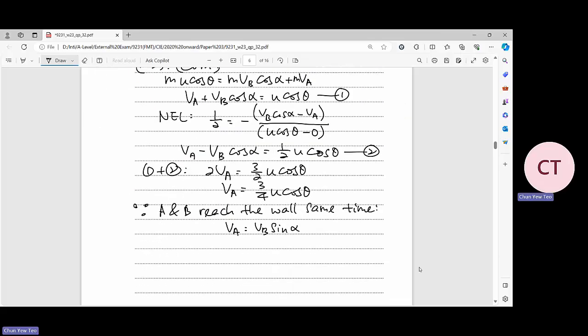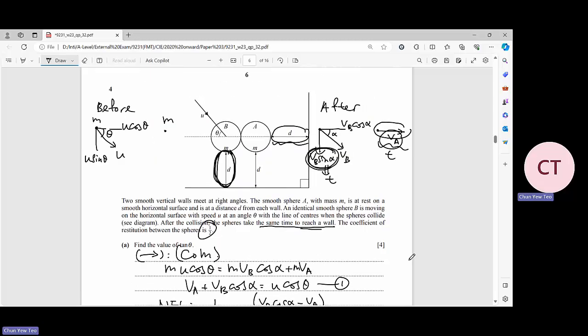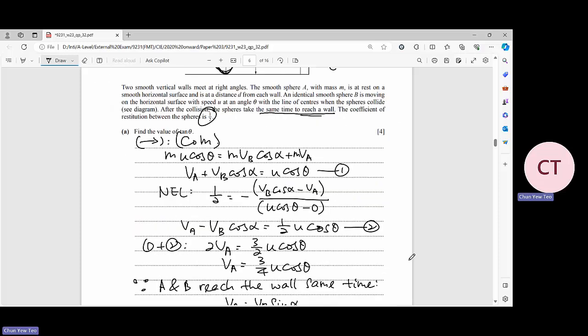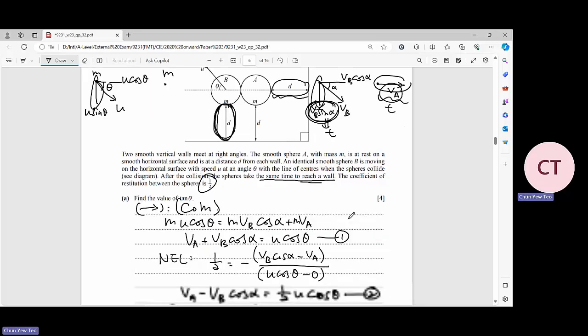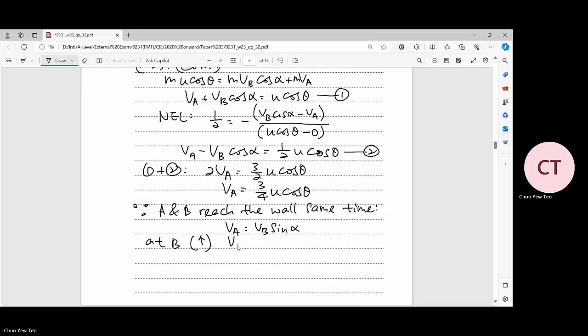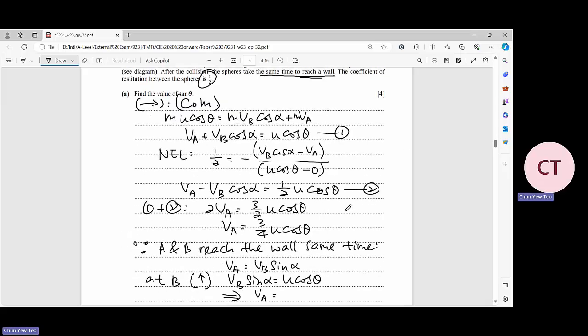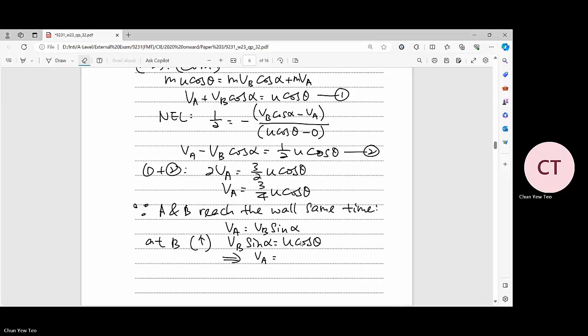And for B, if you consider vertically, your VB sine alpha is equal to U sine theta, if you consider the vertical before and after. Therefore, you have VA equals to, oops, I wrote wrongly. It's U sine theta, not U cos theta. This is U sine theta.